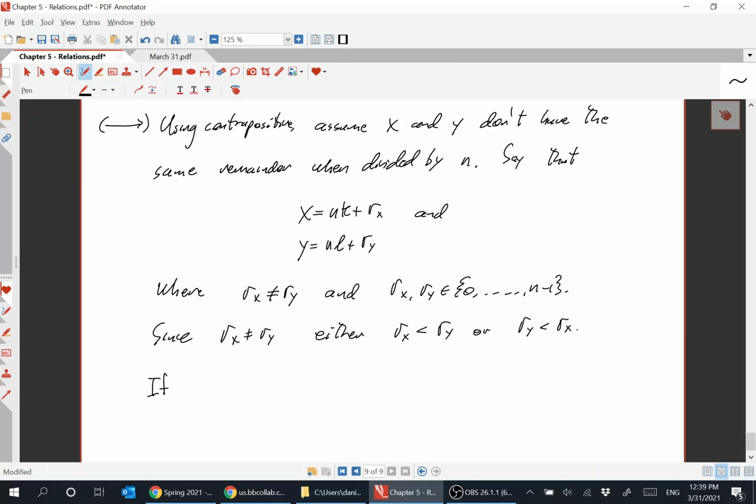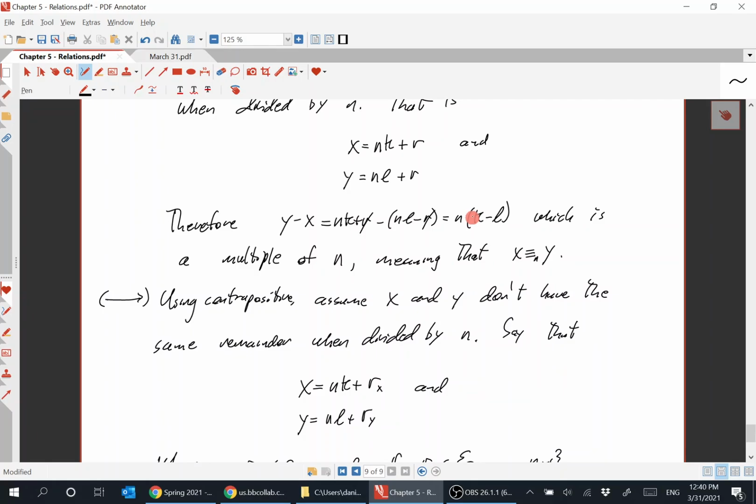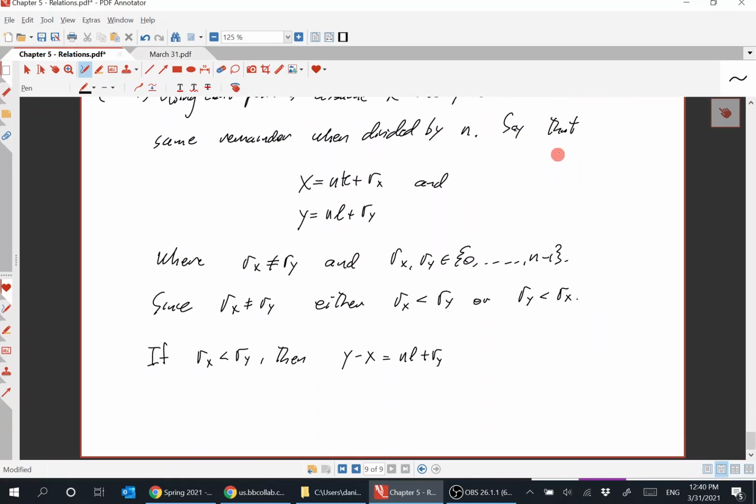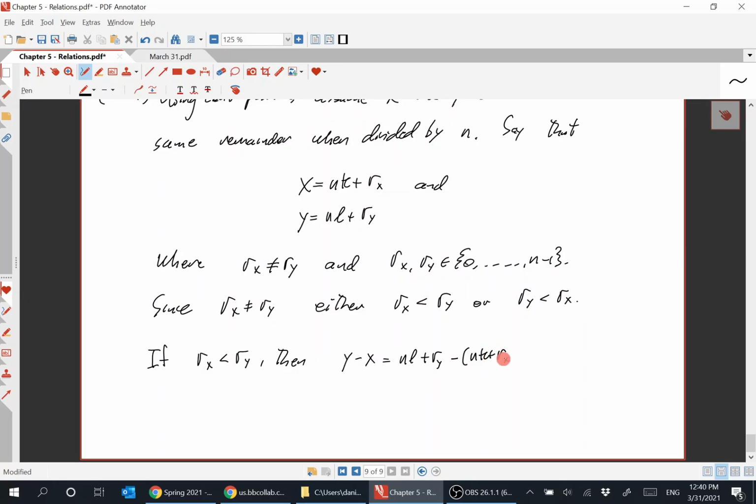All right, so if rx is less than ry, then y minus x is equal to nl plus ry minus nk plus rx, which is equal to n times l minus k plus ry minus rx, where ry minus rx is an element of what?